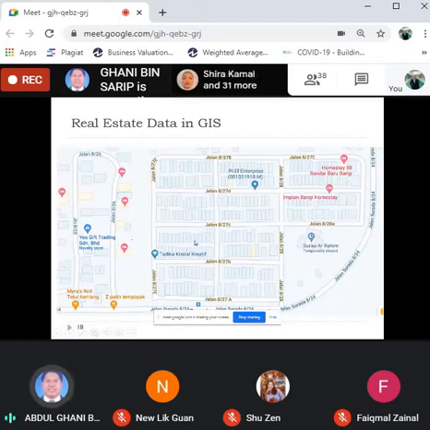We can simply draw around the boundaries and take that as a spatial or GIS map. And we could also see from this map all these dotted signs, in red here, in blue, and in yellow.